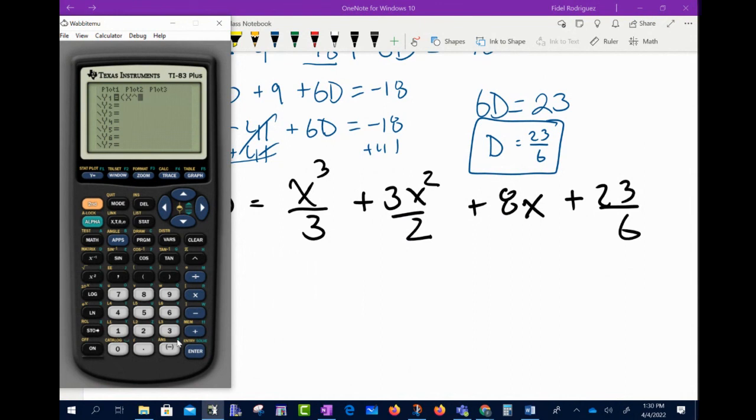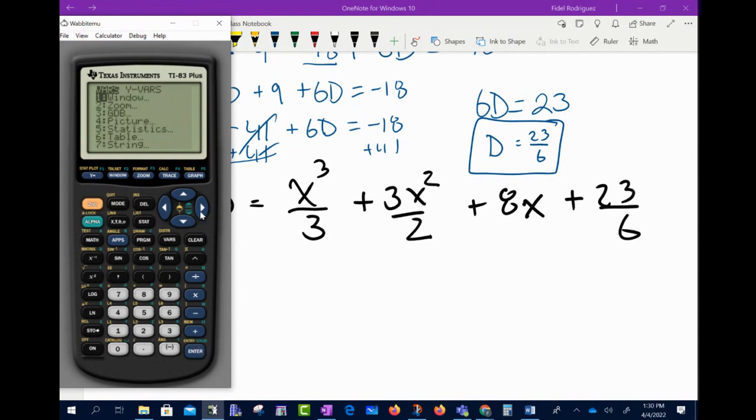Parentheses x to the third divided by 3, and then plus parentheses 3x squared over 2 plus 8x plus 23 over 6, like this. So I'm just entering the function in. I'm going to go ahead and hit enter.